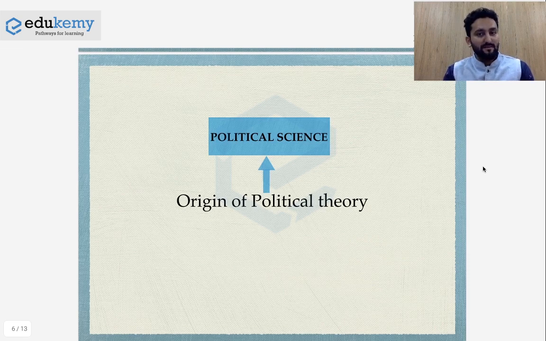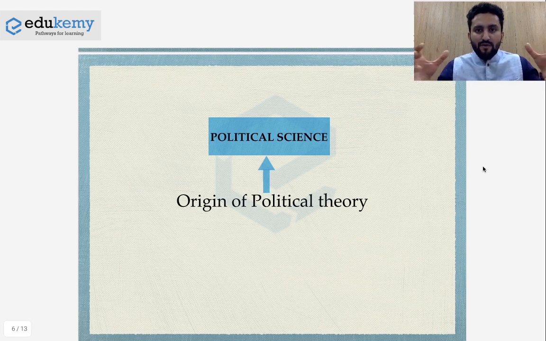Why I'm saying that? Because even if you say that I have nothing to do with political science, something political science has to do with you. For example, political science is considered the oldest discipline of study. Why?